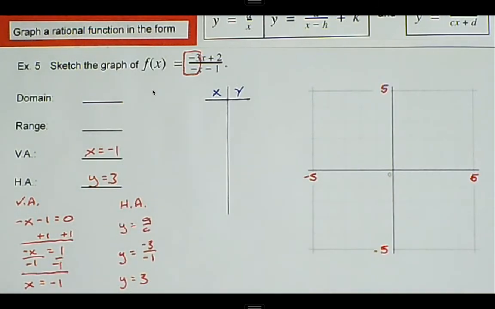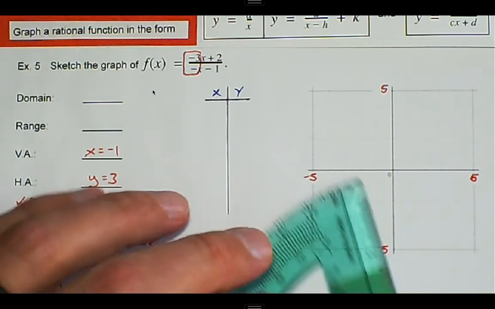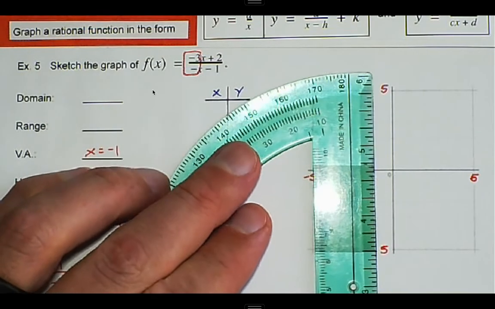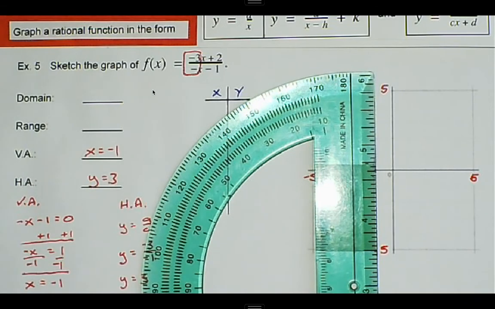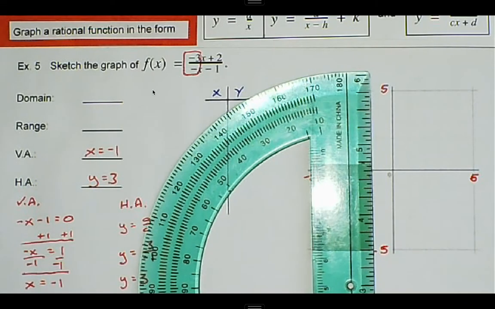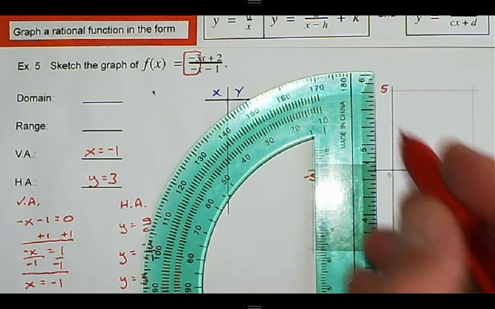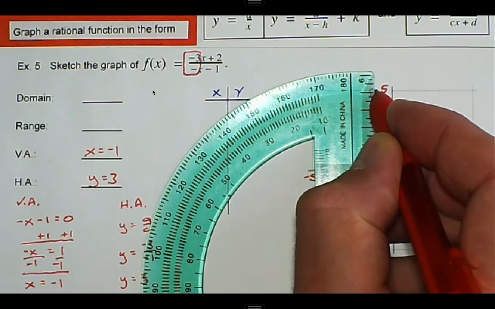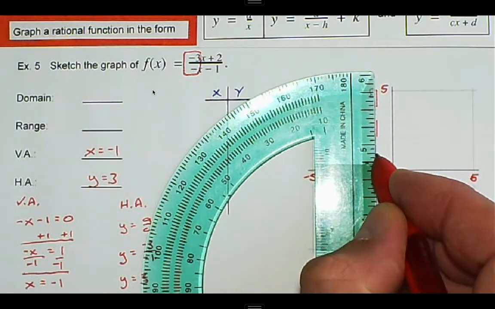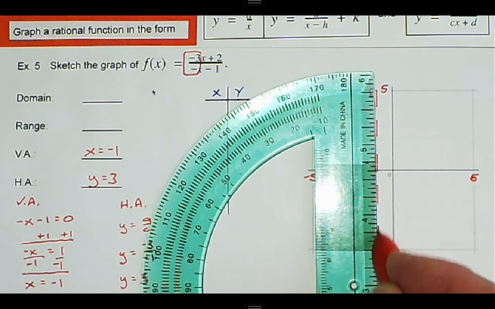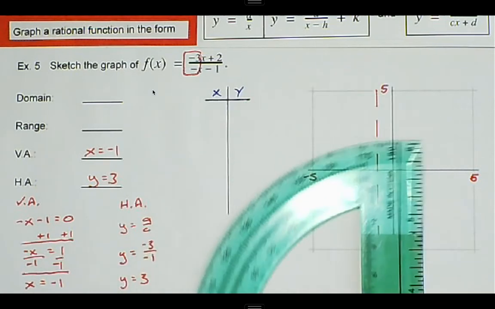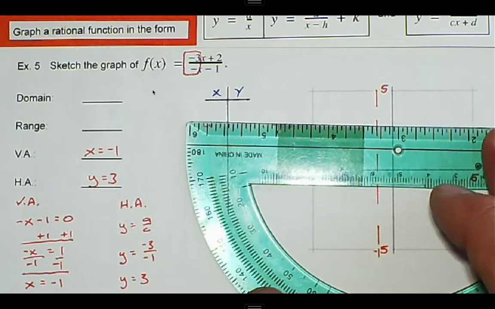So we can graph these two lines here. Our vertical asymptote is x equals negative 1, and our horizontal asymptote is y equals 3.